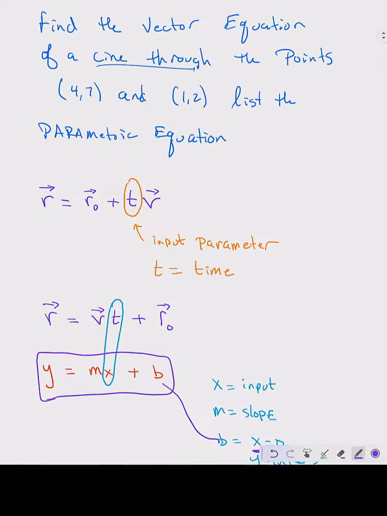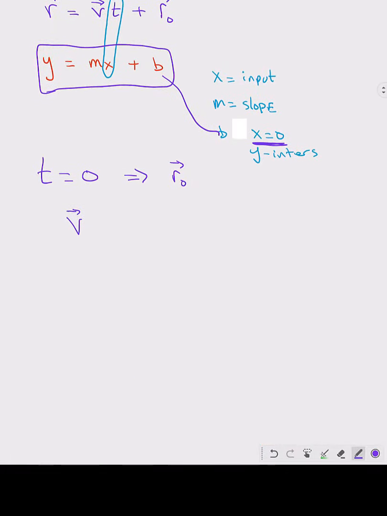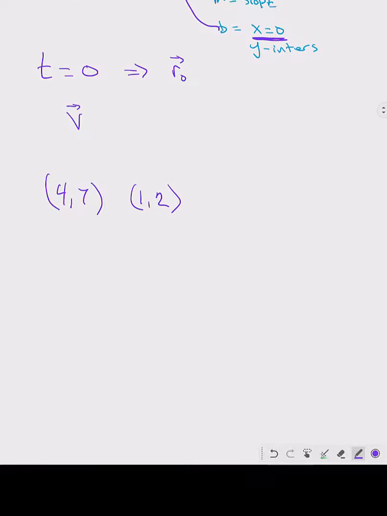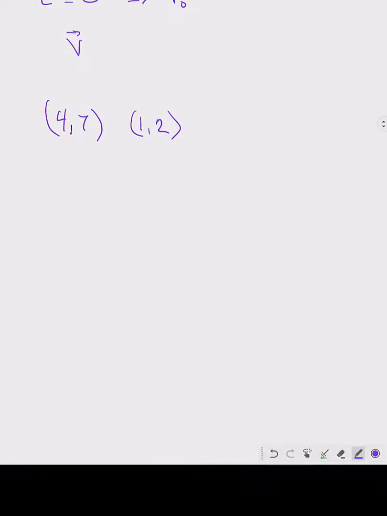Okay, so let me rewrite my 2 points here, (4, 7) and the other point was (1, 2). The first thing we have to decide is where we want to start and where we want to end. I'm going to really quickly draw an xy plane here.